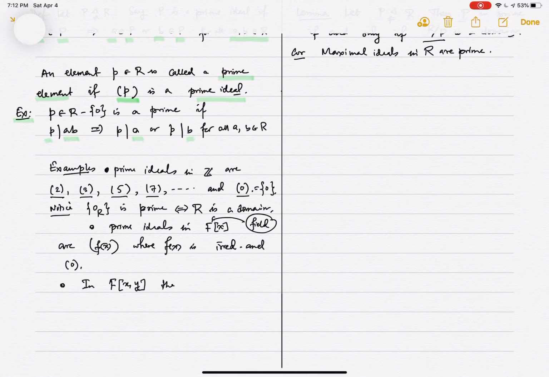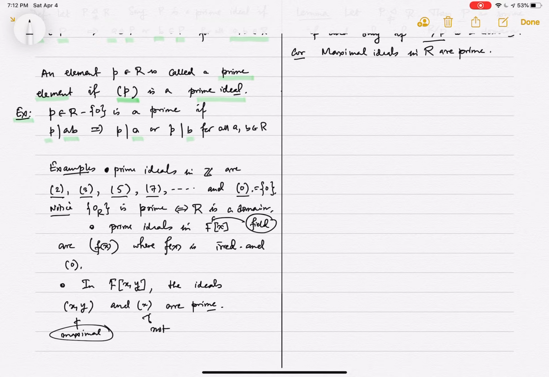Some of them are the ideal generated by x and y, and then the ideal generated just by x are prime. This much we have seen last time. So this one is maximal. This one is not maximal, because this ideal properly contains that ideal.